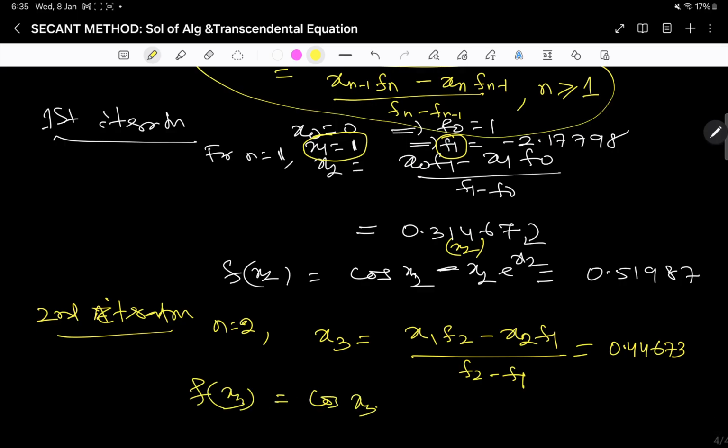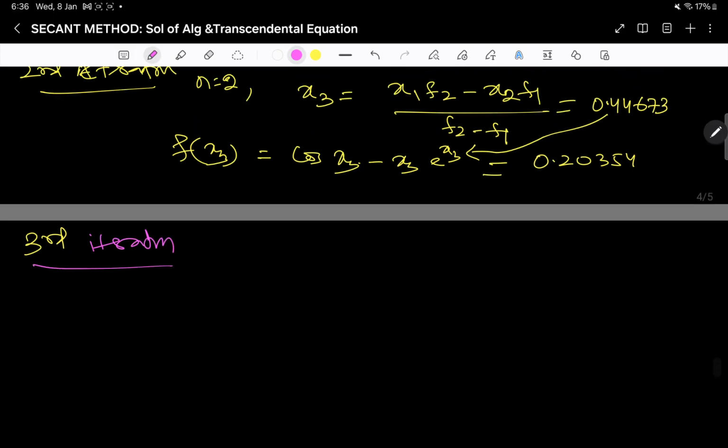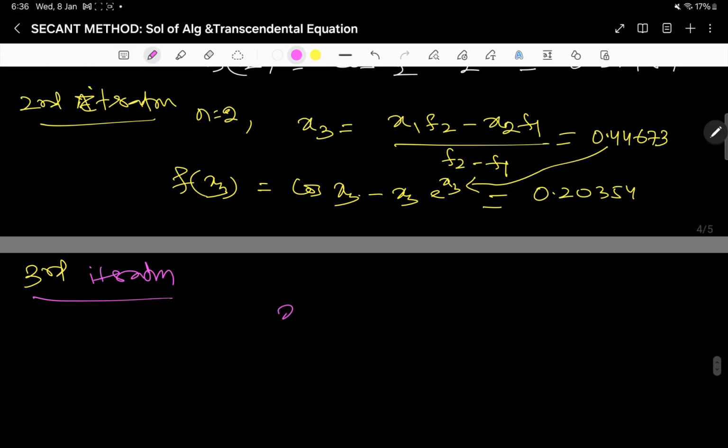We just need to find f of x3. It is cos x3 minus x3 e to the power x3. If you substitute x3 this much, then here f of x3 is 0.20354. Then we have the third iteration, where x4 will be (x2 f3 minus x3 f2) divided by (f3 minus f2).